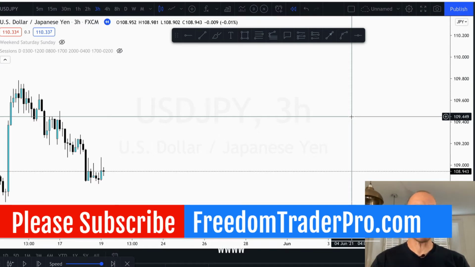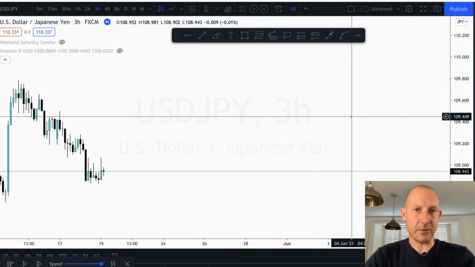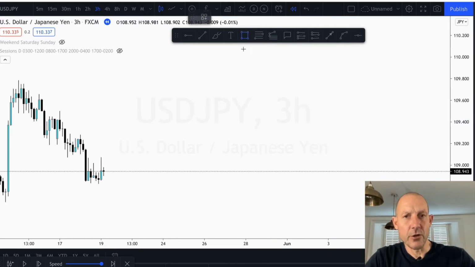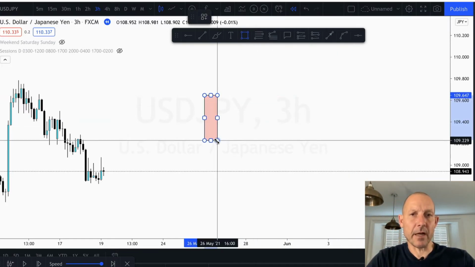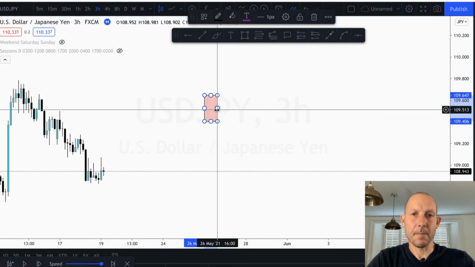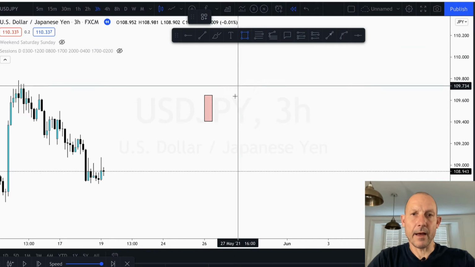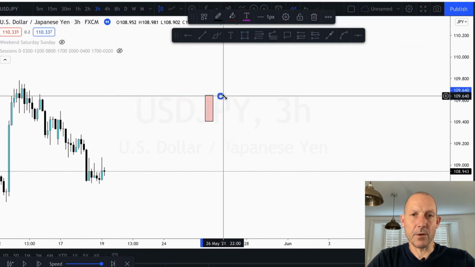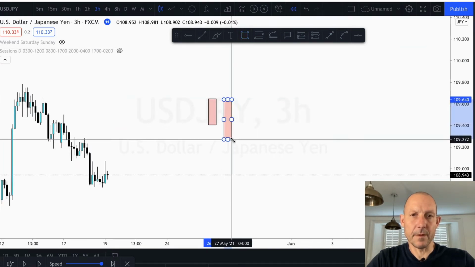So in this video, I want to talk about what is an engulfing candle. I'm going to start off by drawing out a couple of candles. Let's make that one a little bit smaller, and this one a little bit bigger.